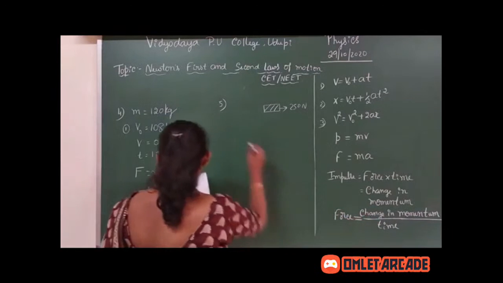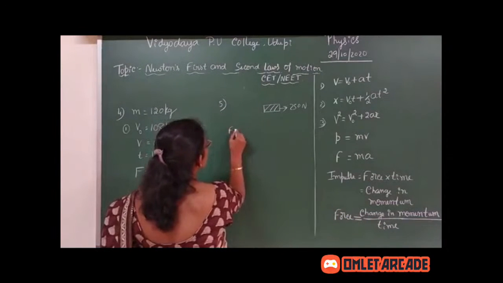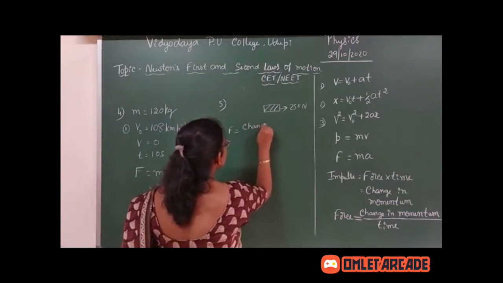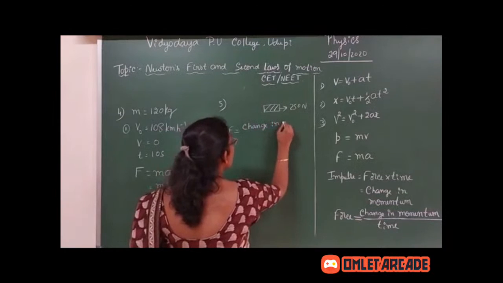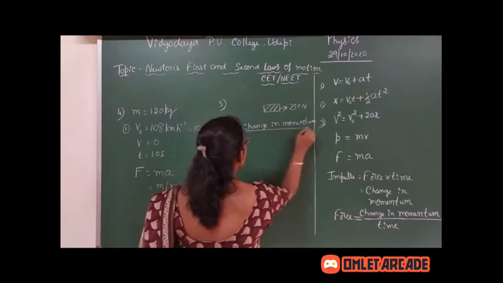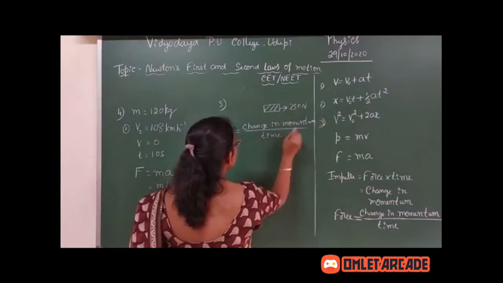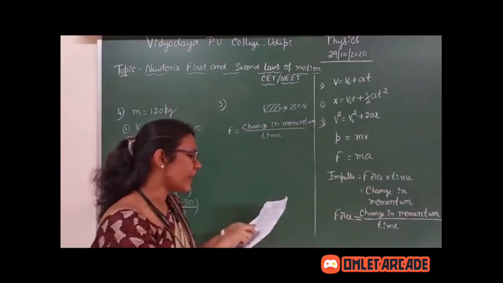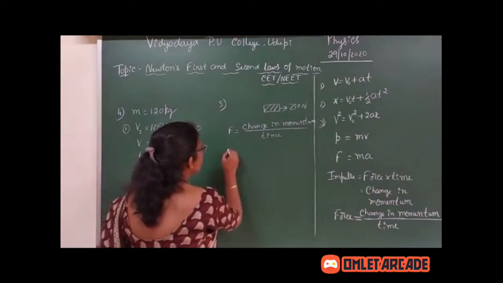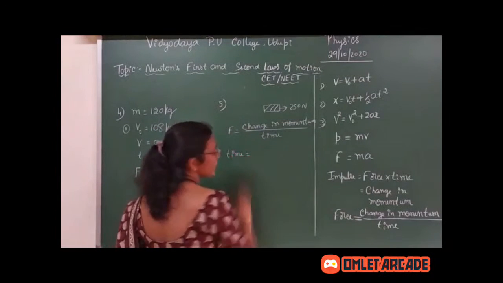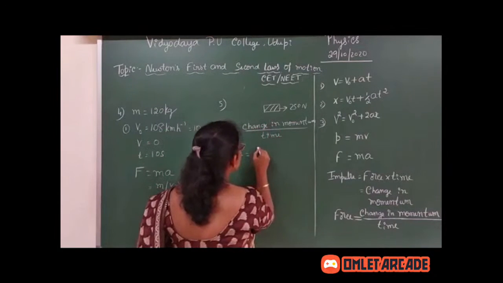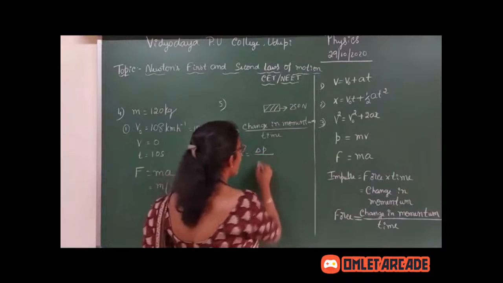So F is equal to change in momentum by time, and we need to calculate the time. What is the period for which? So time period we need to calculate. So time is equal to, let us cross multiply here, change in the momentum by the force.